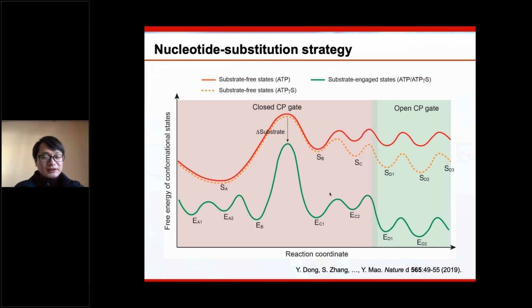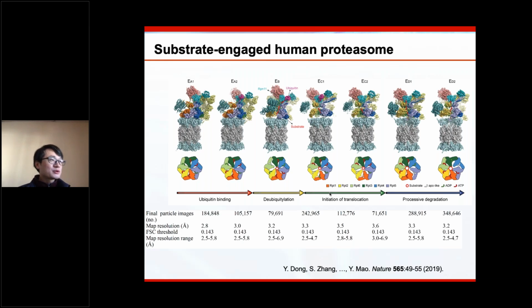After 30 seconds, we exchange the buffer to deplete and replace ATP with ATPγS. Once you replace it with ATPγS, after 30 seconds of degradation reaction, you freeze everything, trapping every potential intermediate state in the middle of the reaction. That's how we trapped the substrate-engaged human proteasome.